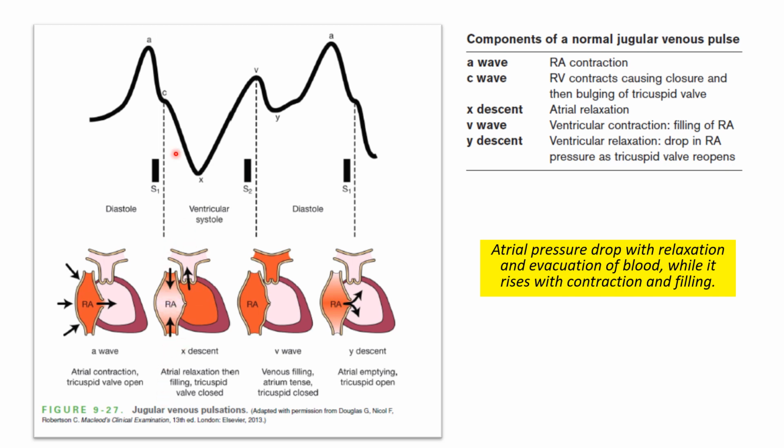Blood is coming back from the body into the atrium, filling the atrium, elevating the pressure inside the atrium, so pressure starts to be high again, producing what we call V wave. You can say that V is for venous return, or V is for ventricular systole, because it occurs during systole.